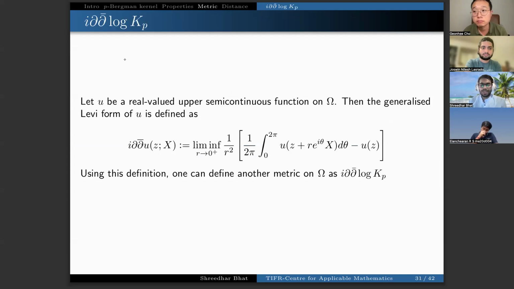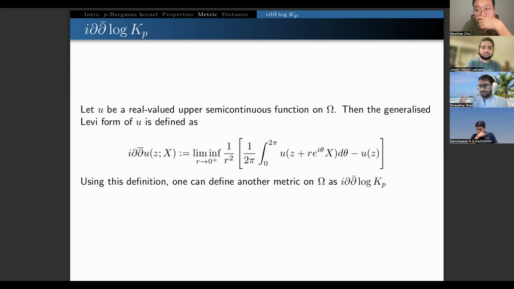So I said earlier that if you look at this K_p with one variable, K_p of Z, then this is at most C^1. So I cannot directly define this ∂∂̄, that is, take two derivatives of this log K_p. But if you use the generalized Levi form definition, then you have this to be another metric on Omega.